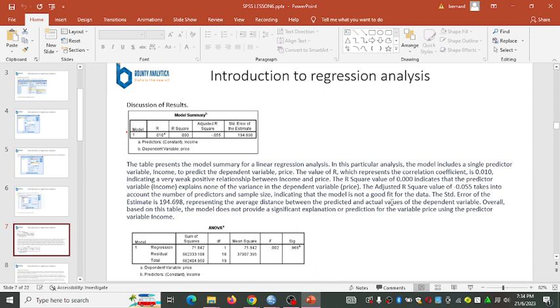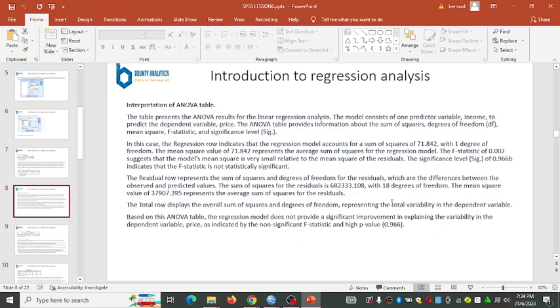So you cannot make a decision based on this model, because this model is very poor. That's how we define this type of model.